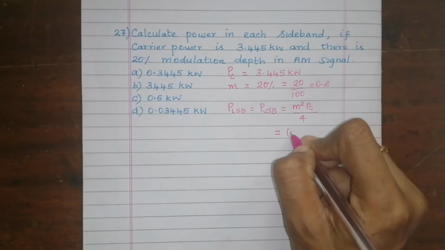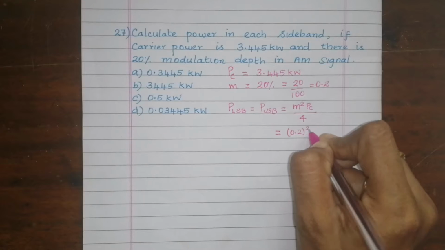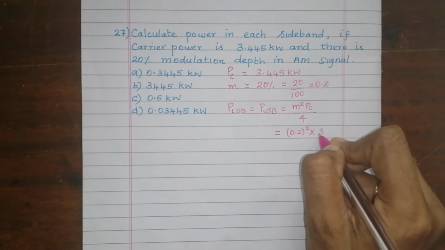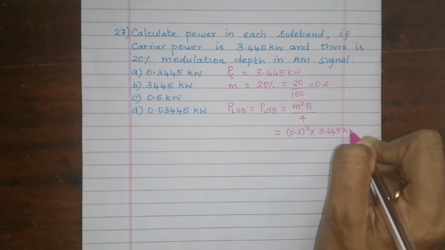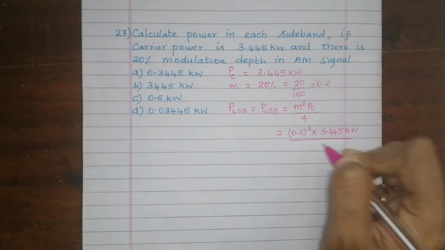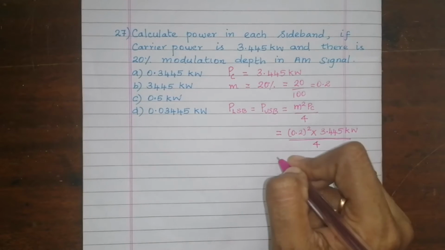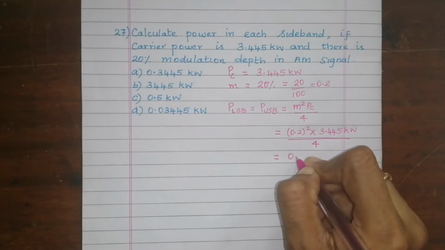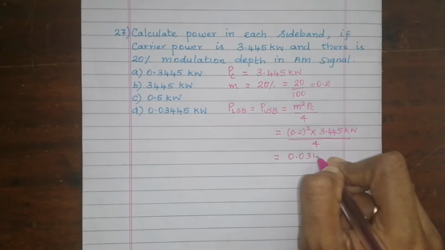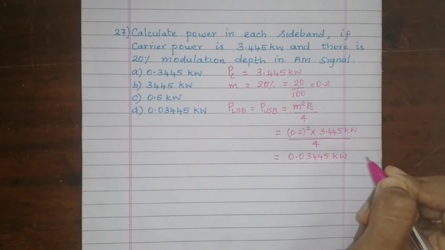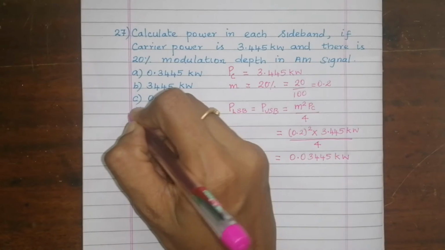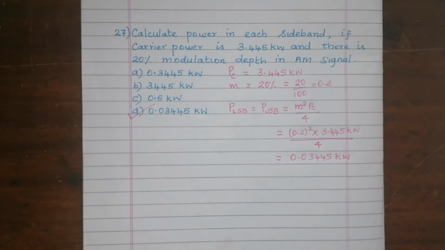M square is 0.2 the whole square into 3.445 kilowatts divided by 4. On solving this, you will get 0.03445 kilowatts. Option D is our correct answer.